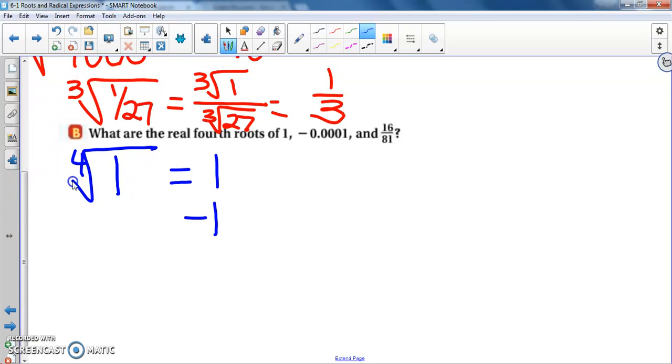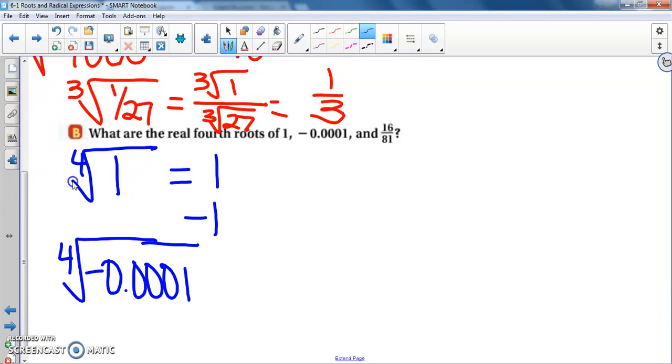Then when we are doing negative 0.0001, we are now dealing with the fourth root of negative 0.0001. We're dealing with a negative radicand when our index is even. So can we multiply something and have a negative number?